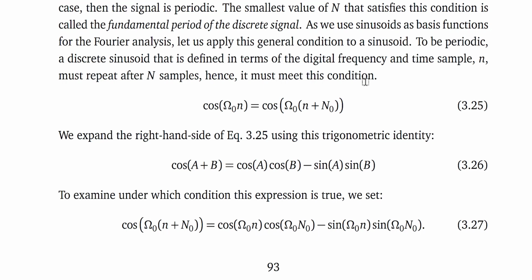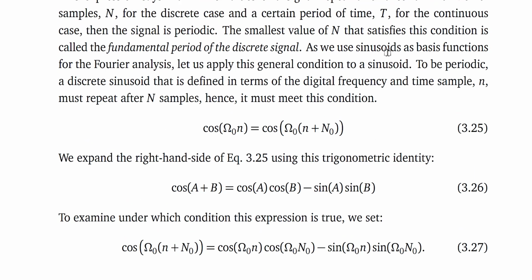Now, since we're using sinusoids as basis functions for Fourier series, we'll take a look at what the same thing means for them. So for a discrete sinusoid, we would say cosine of omega 0 n should be equal to cosine of omega 0 times n plus N0. So this is sort of the condition of periodicness for a discrete signal.